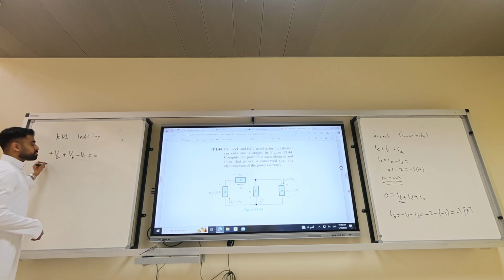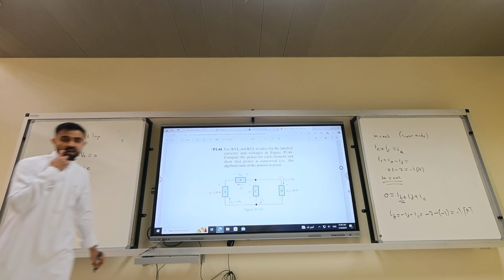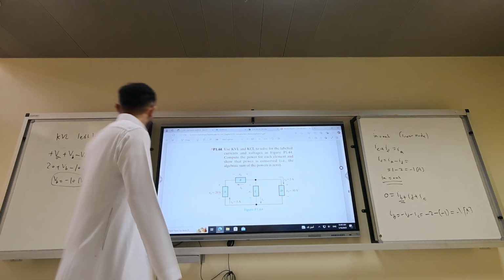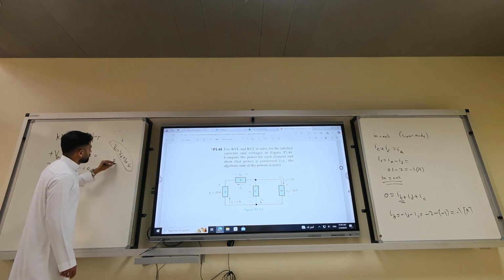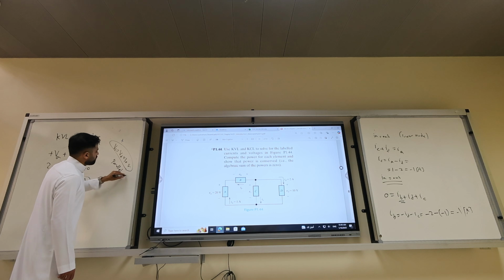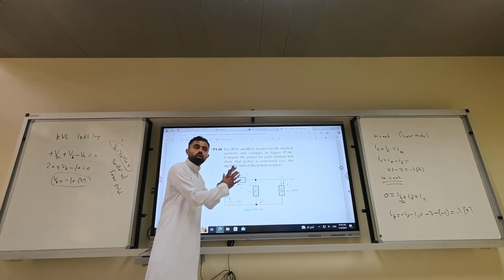VA is 20, plus VB, minus 10, equals 0. So VB equals minus 10 volts. And VC equals VD equals 10 volts, because they are in parallel with the same polarity. Now we found all the voltages and all the currents.